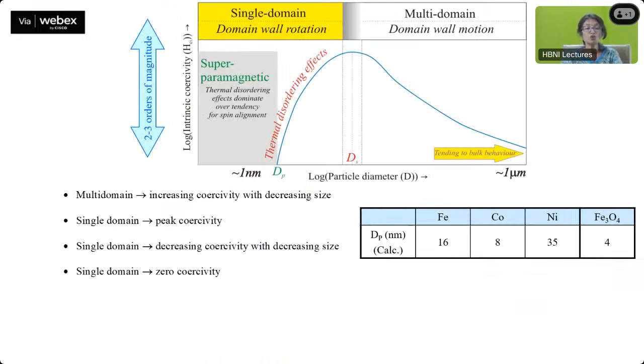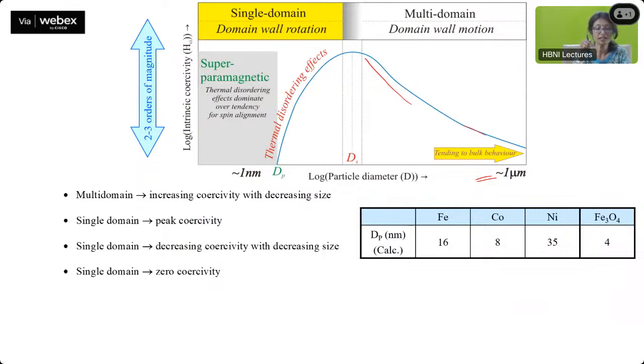So now we talk about the domain wall motion and how the coercivity changes. When you have a multi-domain material, which is around here, you see an increase in coercivity with decrease in size. From the multi-domain, as you are moving into single domain, as the domain size is decreasing, there is an increase in the coercivity. When it goes to a single domain, you will find the highest coercivity, as is shown over here.